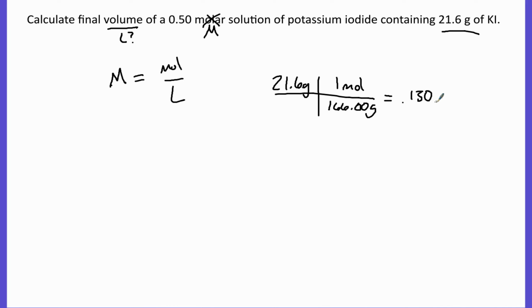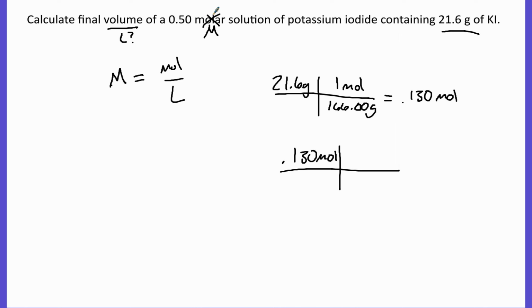So again, I came up with moles because I need moles to possibly plug into my equation over here. That's not what I would typically do. What I'm typically going to do is start with that 0.130 moles. And again, molarity is moles per liter. So I can use that as a conversion factor.